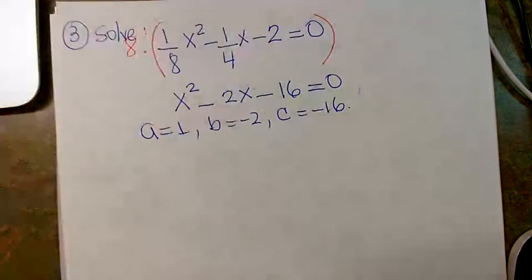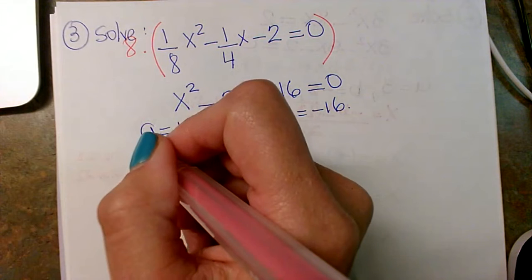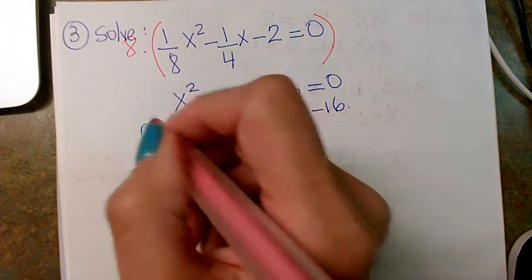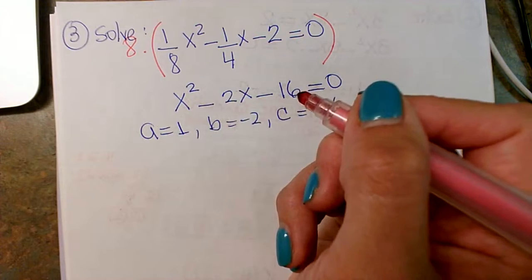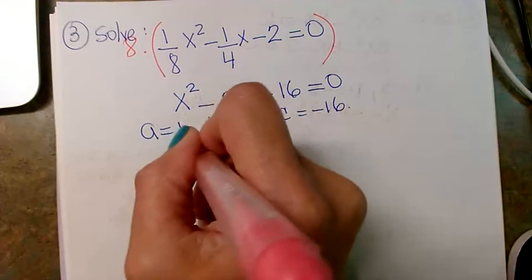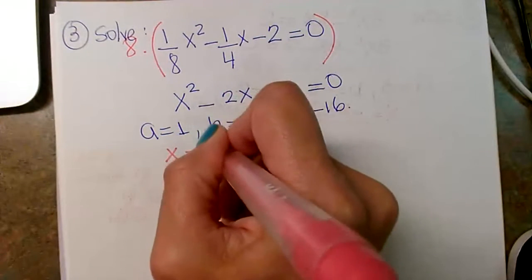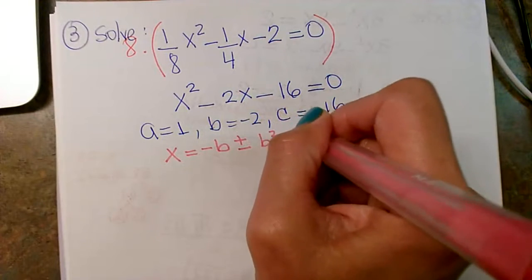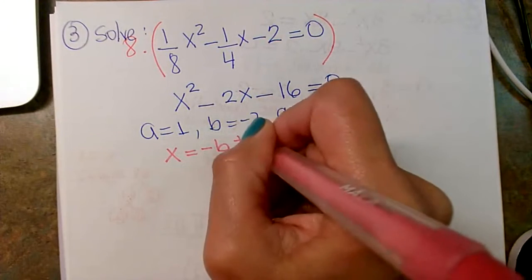And let's use the quadratic formula, sorry. So it's x equals negative b plus or minus the square root of b squared minus 4ac.